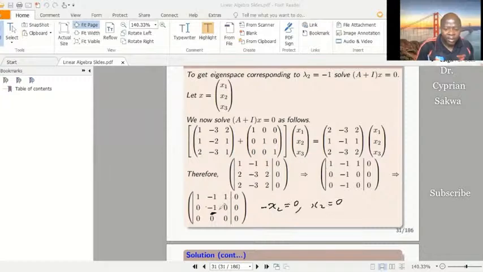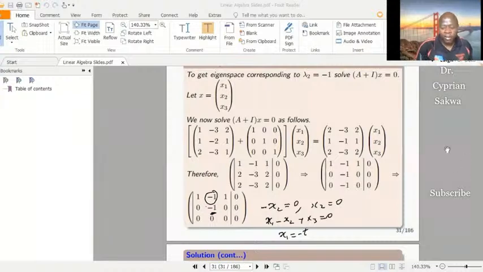And this other one tells me x1 minus x2 plus x3 is 0. But we've already found that x2 is 0, and we've already said let x3 be t. That means x1 will be negative t.